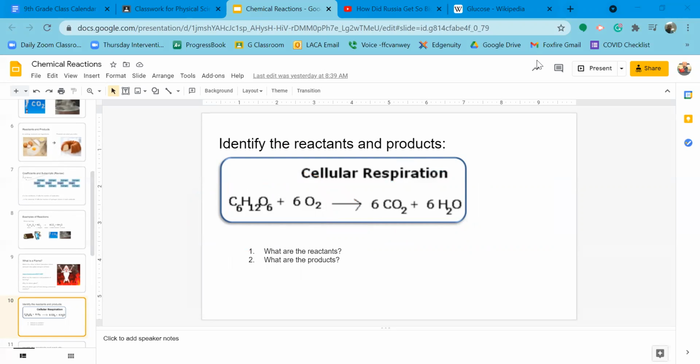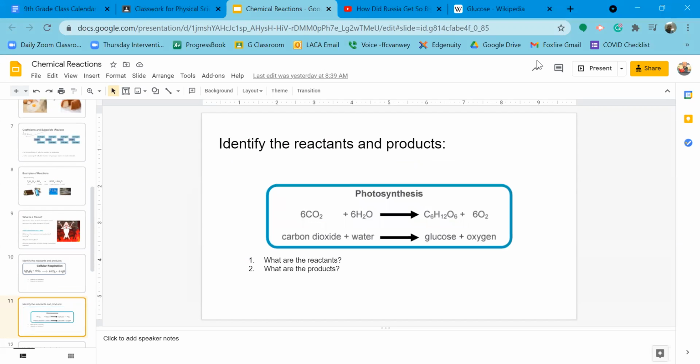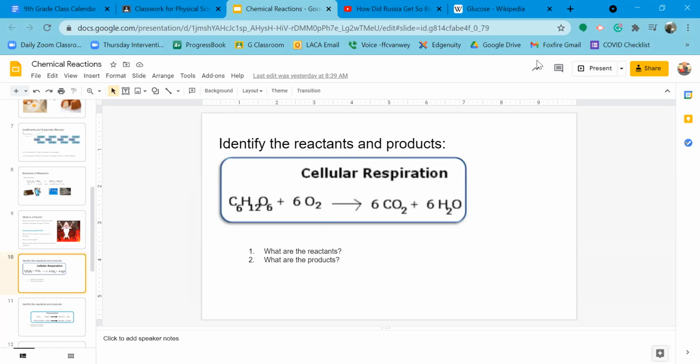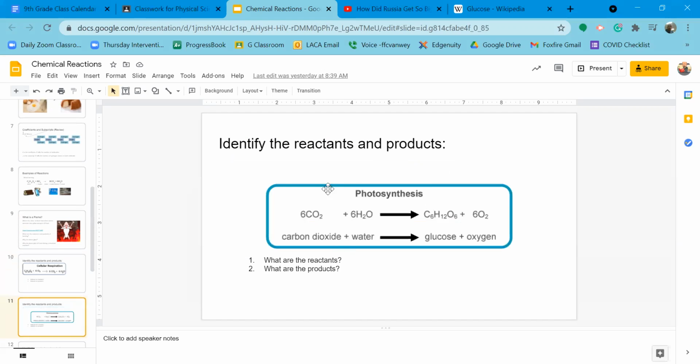So we're going to look at some more of these. Here we have photosynthesis. I'd like to point something out here. In cellular respiration, that is what your lungs do. Your body takes sugar and adds oxygen to it, and it yields carbon dioxide and water and also energy from that reaction. Well, photosynthesis is the opposite reaction.